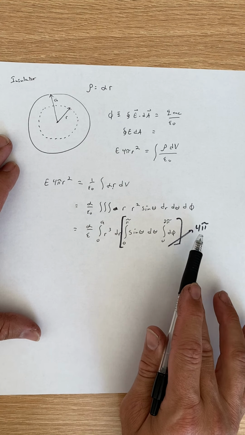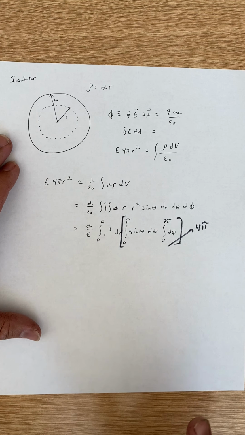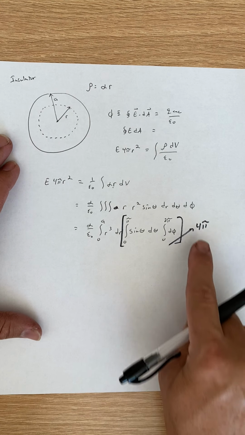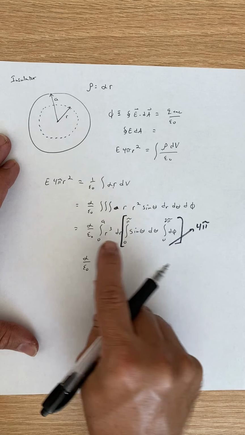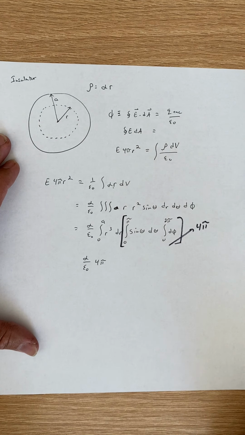But as long as I can do that, I can now evaluate the dr integral simply as r to the 4th over 4. This is over epsilon naught. And then I get a 4 pi here. So let's write out what we have. I've got an alpha over epsilon naught from the constants. This gives me a 4 pi from the angular integrals.